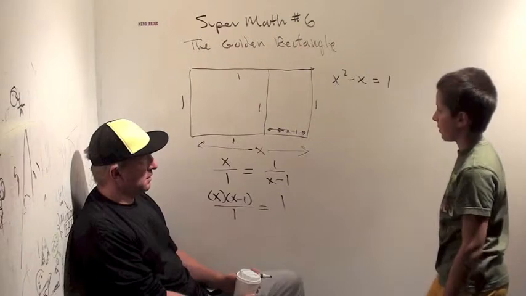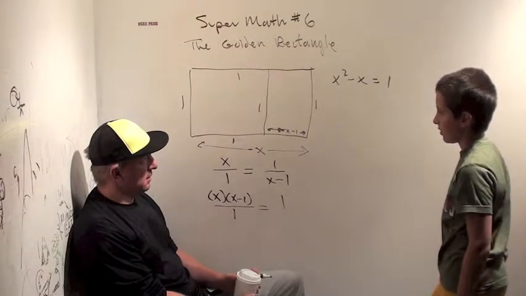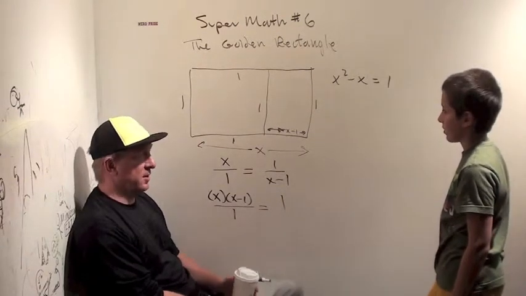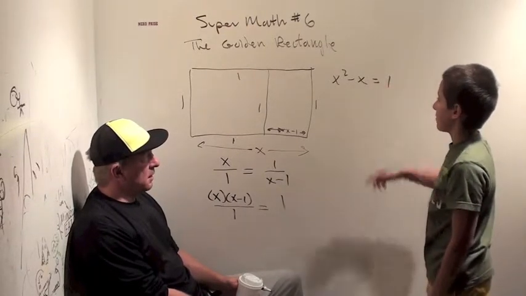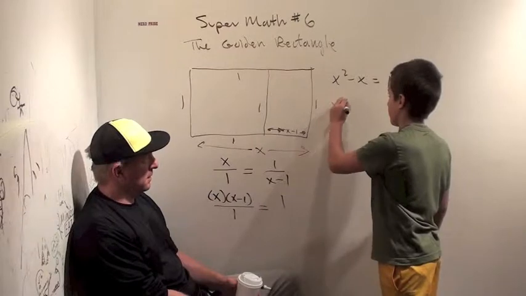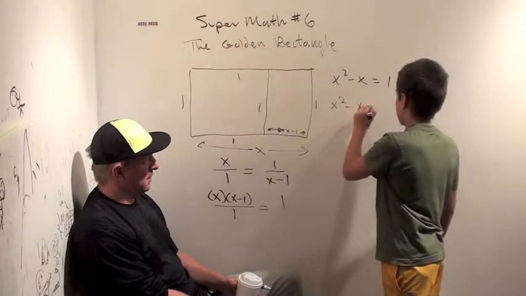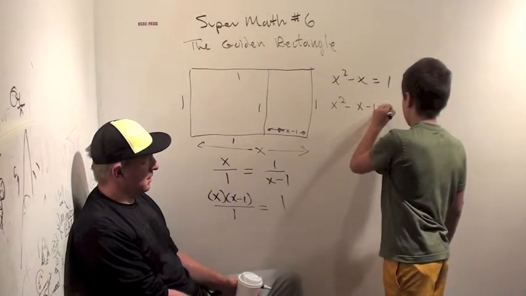But we don't have that. Oh wait, we can make it like that, because we could say it's x squared minus x minus 1 equals 0.